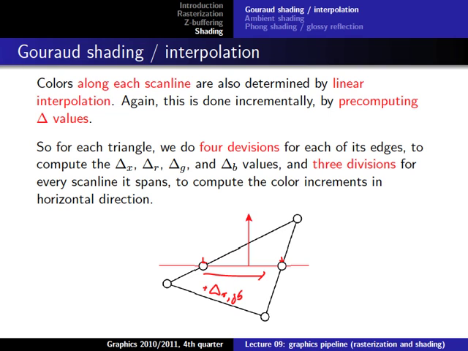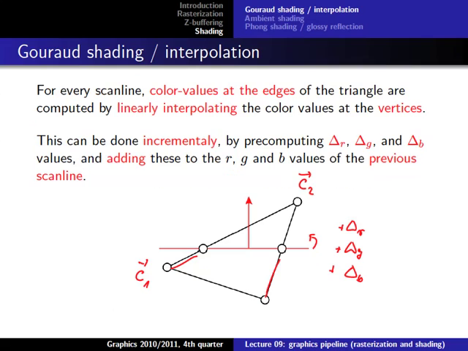If you look at why this is efficient, we need to calculate the delta x, of course. We need to calculate the 3 deltas for the color. So we have 4 divisions here. We need to do the same for the interpolation in between. So we have another 3 divisions, because these deltas here are different than these deltas here.